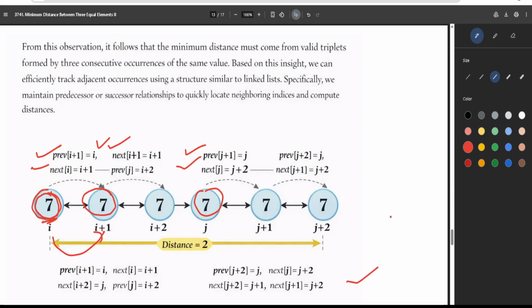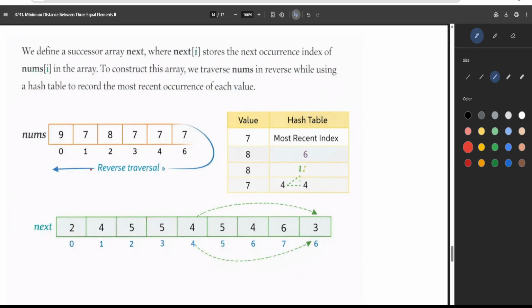Basically we want to calculate the minimum, so we have to form the valid triplets, and then find the consecutive occurrences that have the same value. We can efficiently track the occurrences using a structure similar to a linked list. So we need to define a successor array called next. Let's suppose we have to do the reversal traversal.